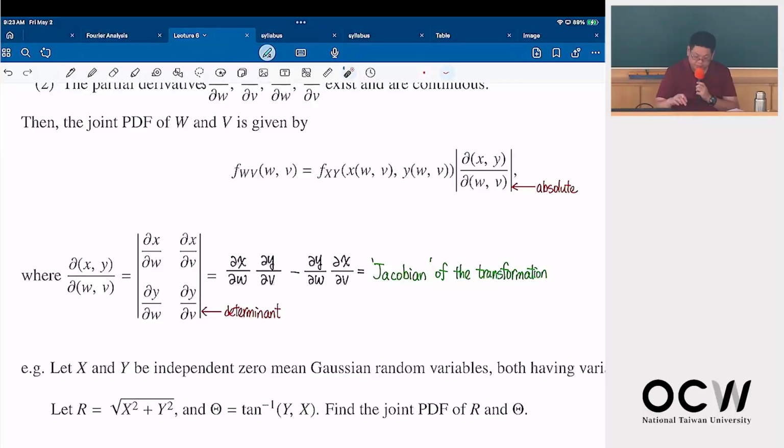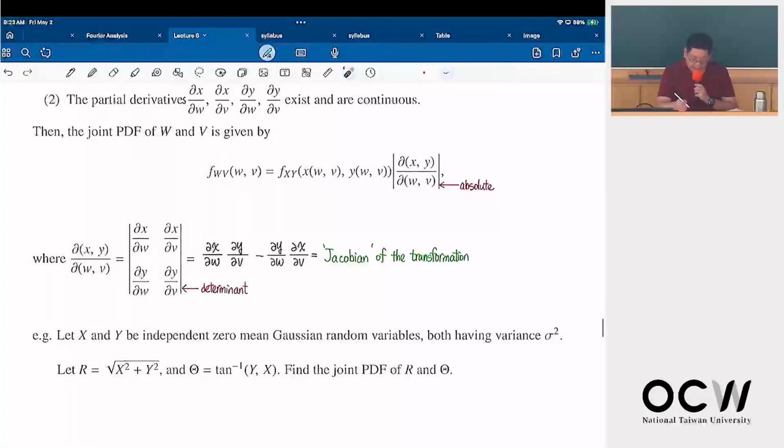So now, for example, let's say X and Y are independent zero-mean Gaussian random variables. Both of them have variance sigma squared, but they are independent. And I have another random variable R, the magnitude, and Theta, which is the arctangent of y over x.